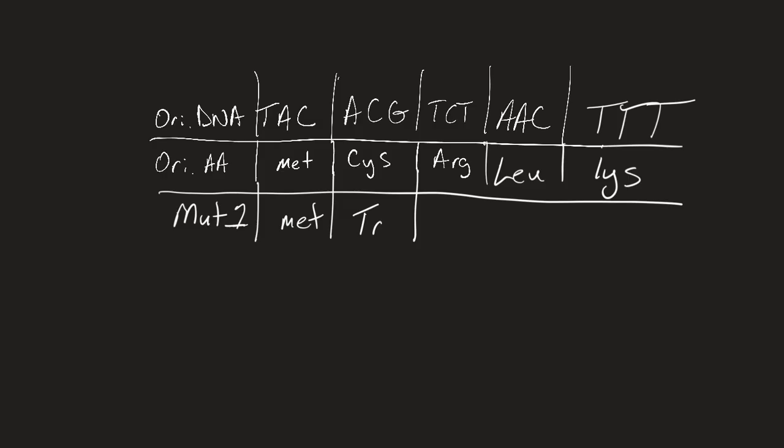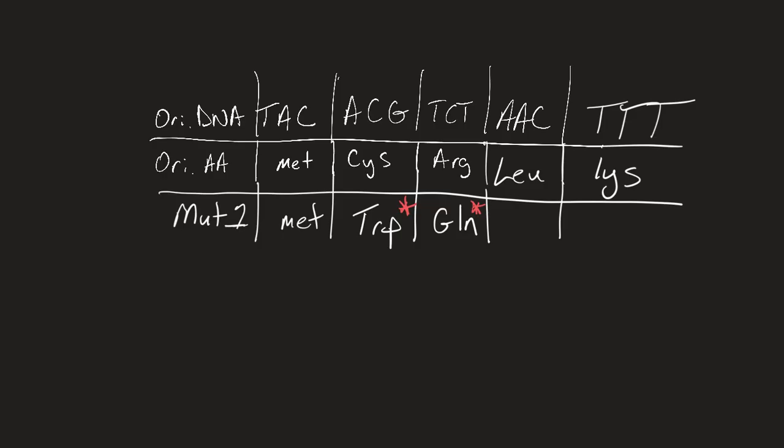Because now I have a different amino acid, that means the DNA must have changed. So I'm going to mark this as definitely a mutation for mutant 1. Then tryptophan, then we have GLN. This is another mutation, different from the original amino acid. Do you agree?